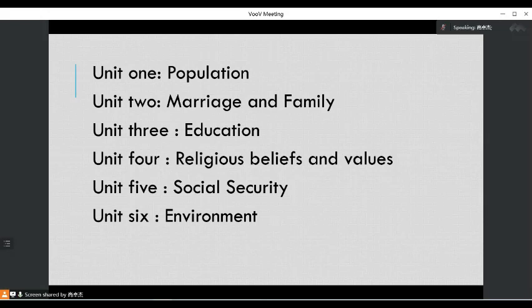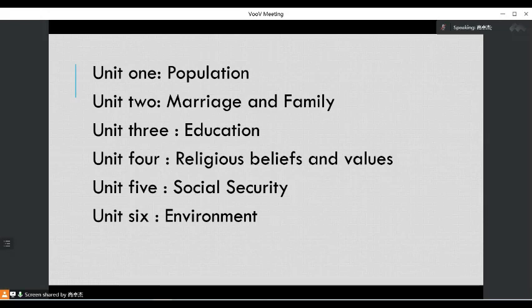Unit 4, religious beliefs and values. China has freedom of religious belief. Many people have their own religious beliefs, such as Christianity.